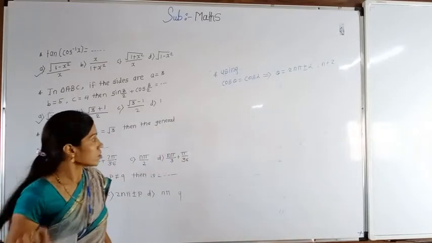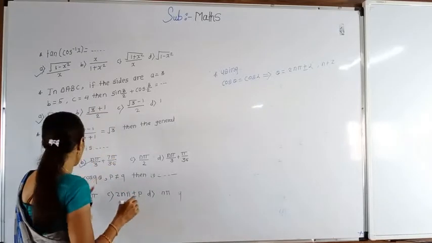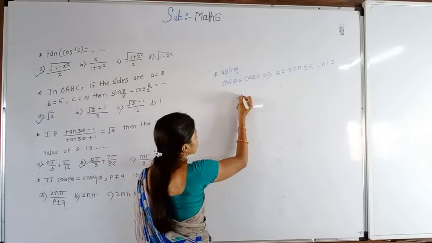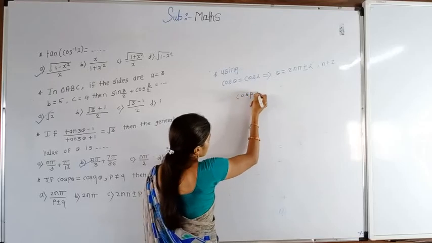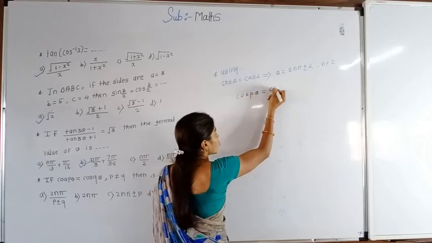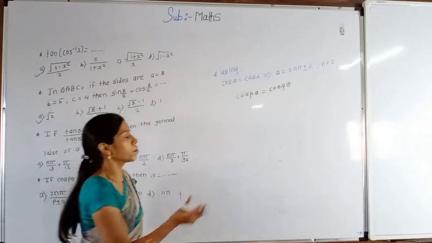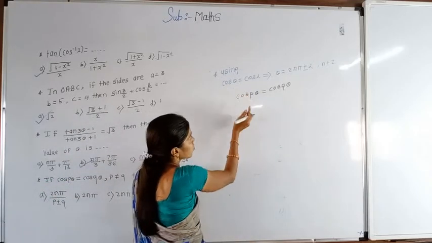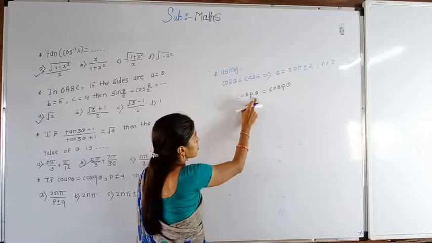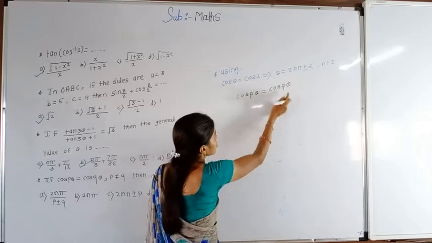So first of all write down the given equation: cos p theta is equal to cos q theta. First compare this equation to that equation. We get theta is here p theta and alpha is here q theta.